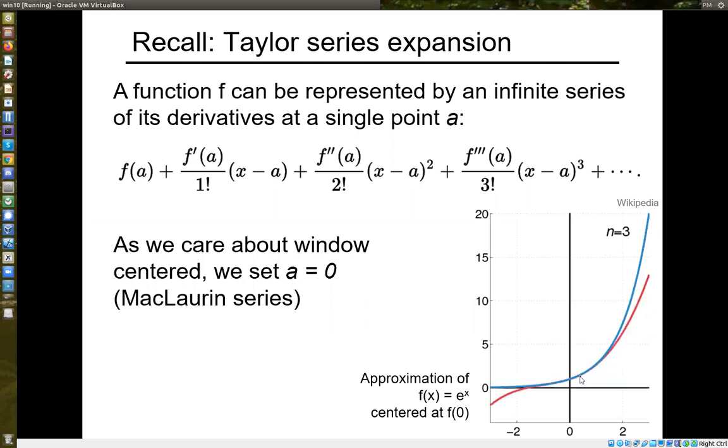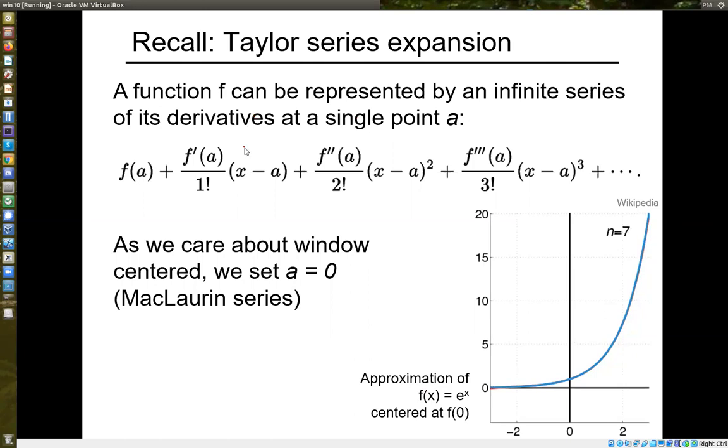If I start by expanding to zero order, you see it's just a constant term, right? Then first order approximates linearly, and second order approximates quadratically, and we can continue to approximate like that.